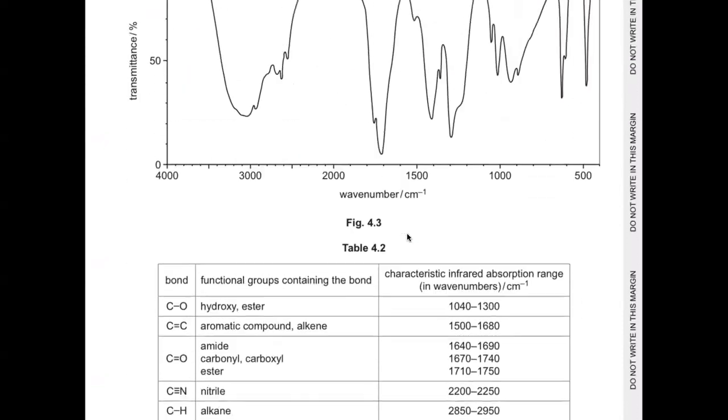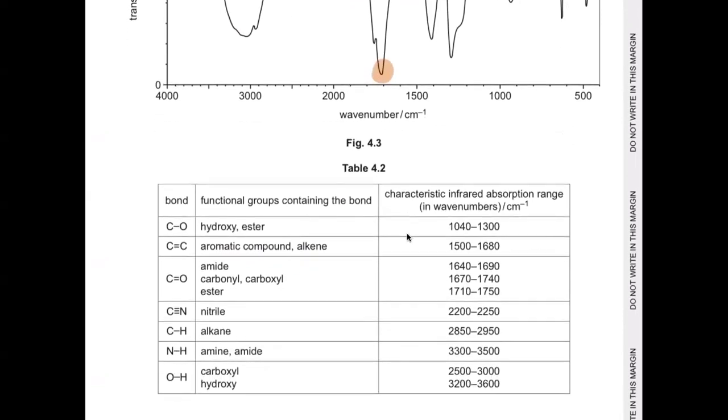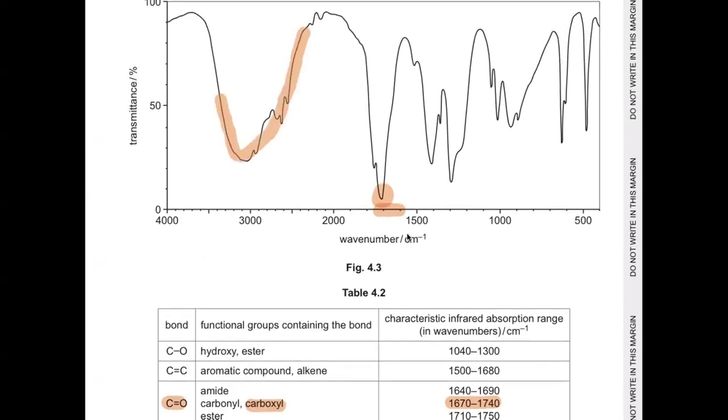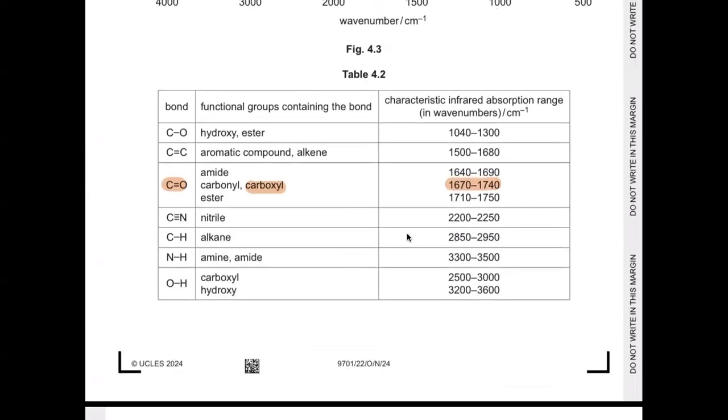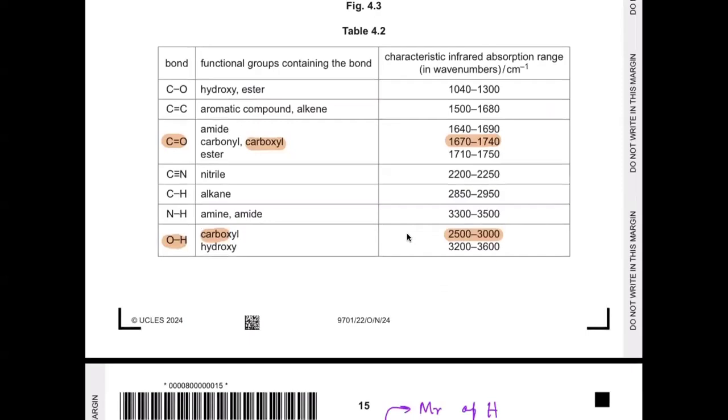So if you see over here, this peak, isn't it this peak, 1670 to 1740? And if you see this whole peak, isn't it this peak? So it means compound H has a C=O, and compound H has an OH.